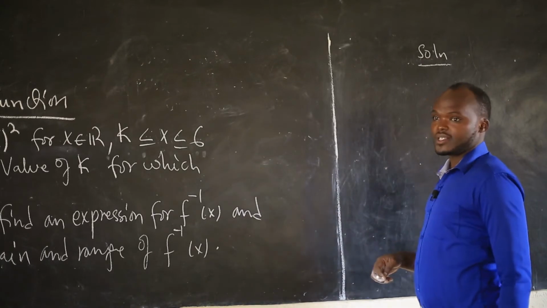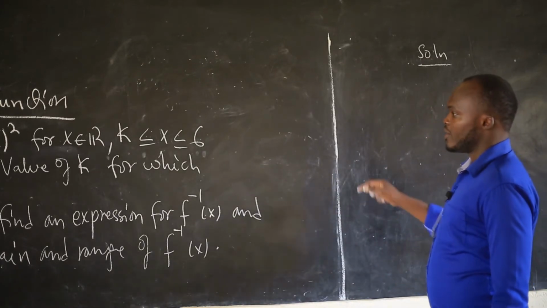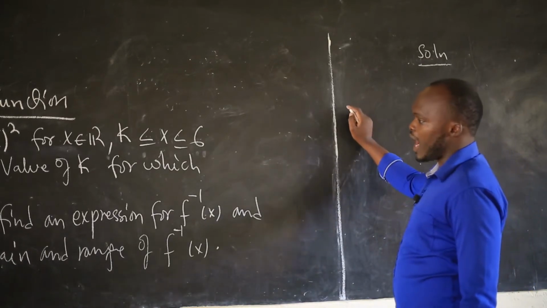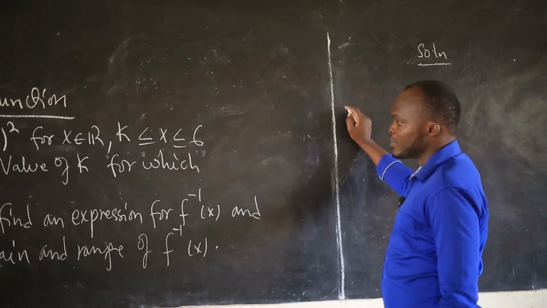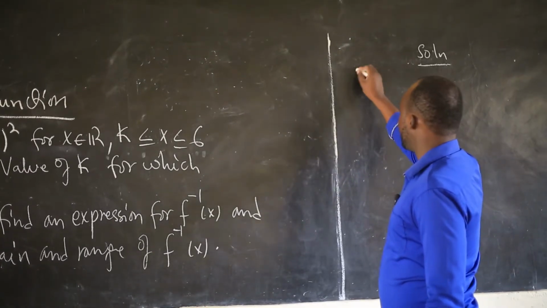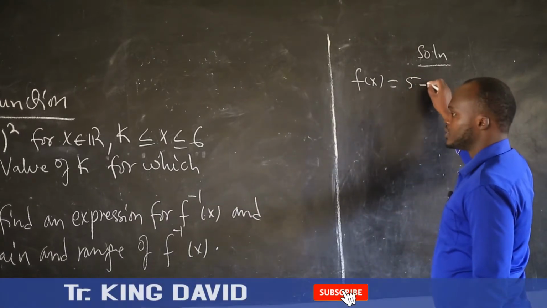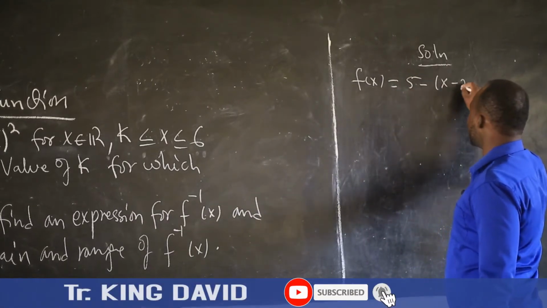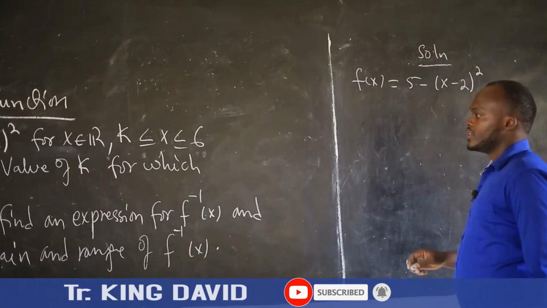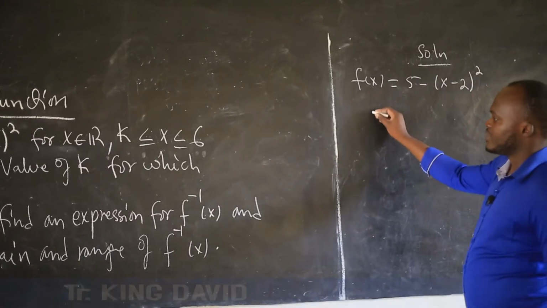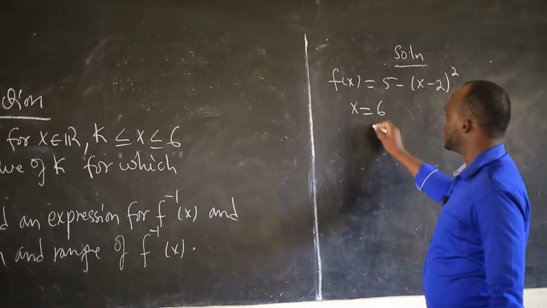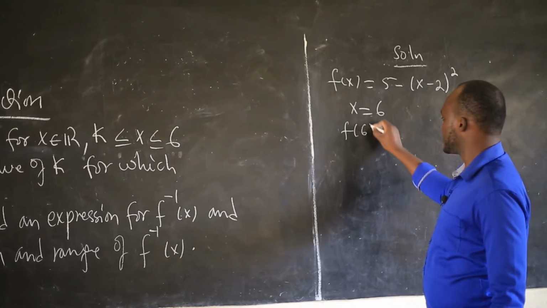That's when the function has what? Inverse. So now if our function is 1 to 1, what is the possible value of k? So we have f of x equal to 5 minus (x minus 2) squared. So for x equal to 6, what will be f of 6?